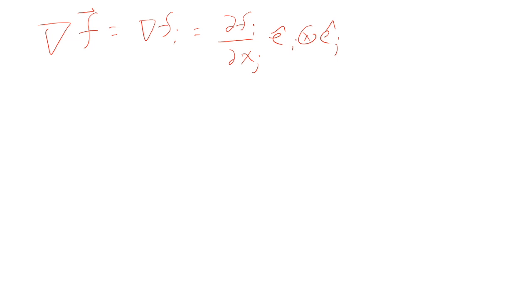We have the first set of bases that are the original basis of our vector. The second ej are the basis of our spatial coordinates that we're taking our directional derivatives with respect to. Okay, so what about the divergence of a vector field?